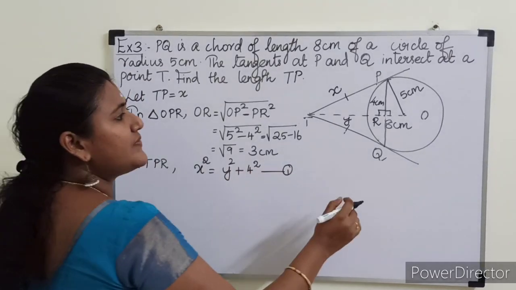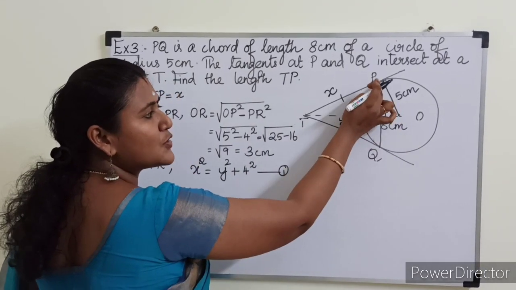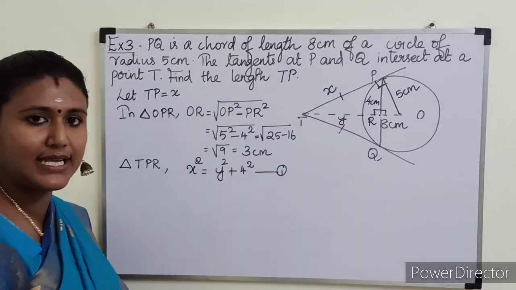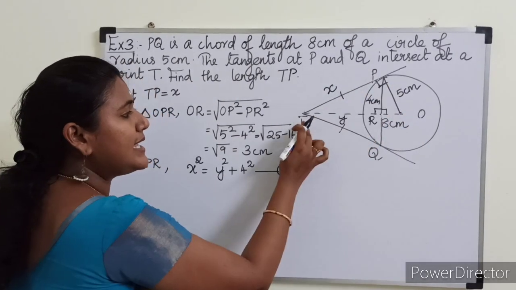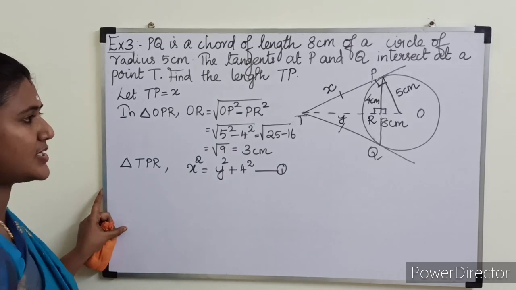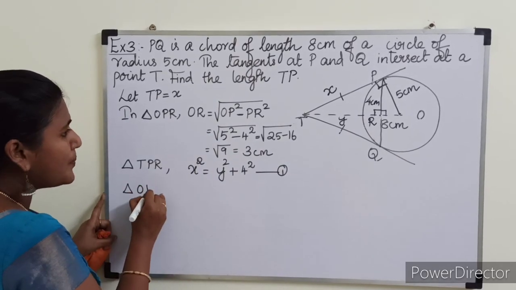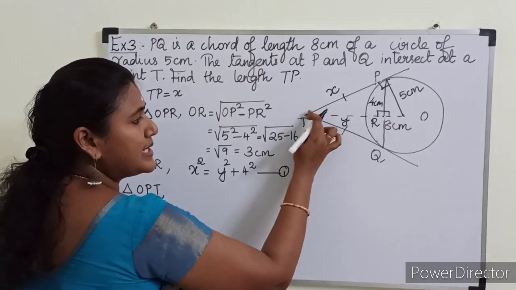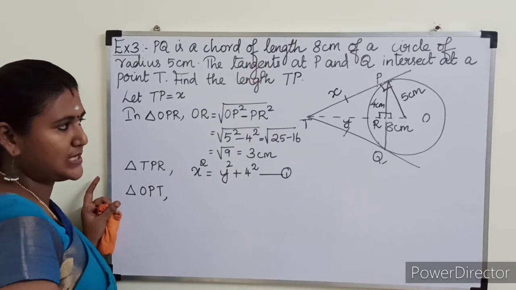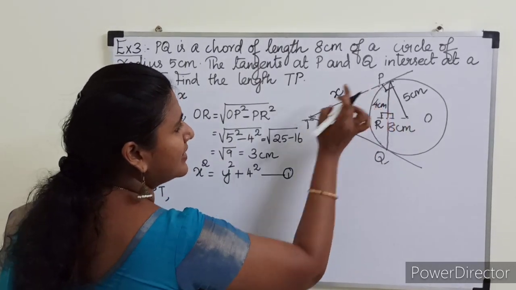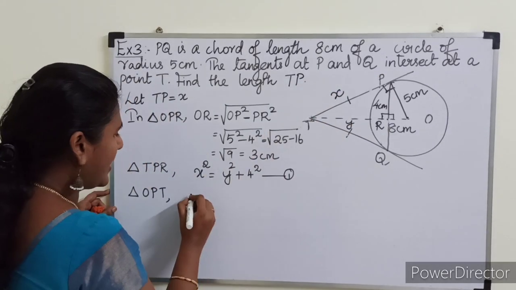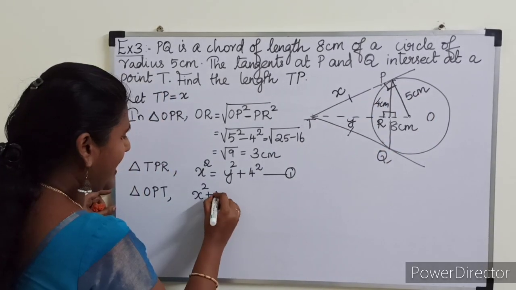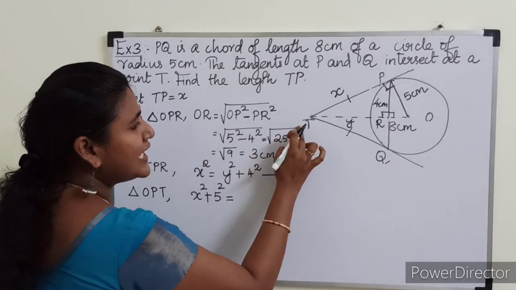Next, you know that the radius of a circle is perpendicular to the tangent, so this angle is also 90 degrees. So triangle OPT is also a right angled triangle. Using the Pythagoras theorem, TP square, that is x square, plus PO square, which is 5 square, is equal to TO square.